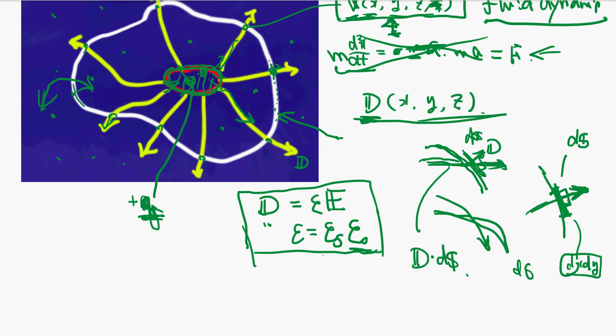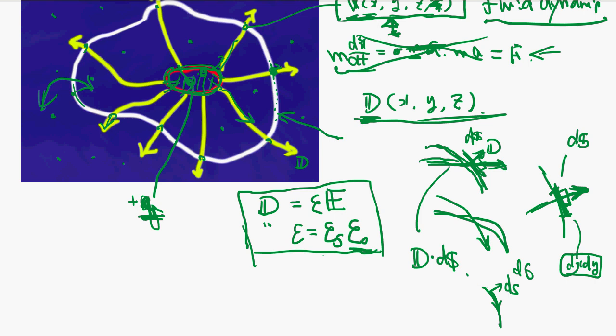The remaining is going along. For example, if you have this boundary, and the flow is like this, it's not going in or out.